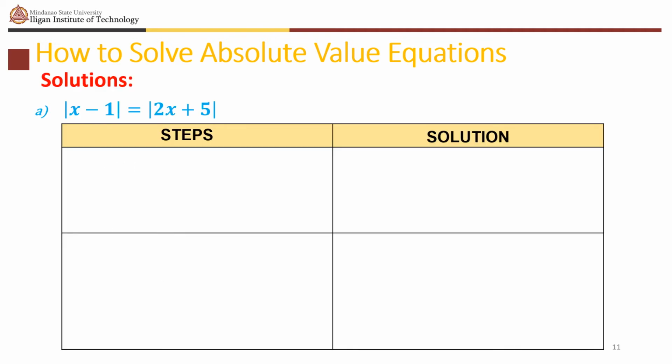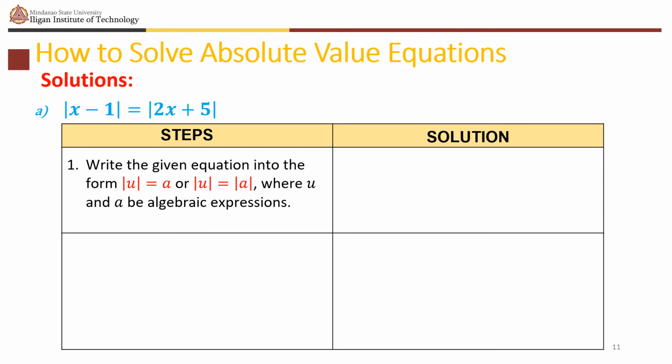So we now try to solve the absolute value of x minus 1 equals the absolute value of 2x plus 5. Write the given equation into the form absolute value of u is equal to a, or absolute value of u is equal to absolute value of a, where u and a are algebraic expressions.